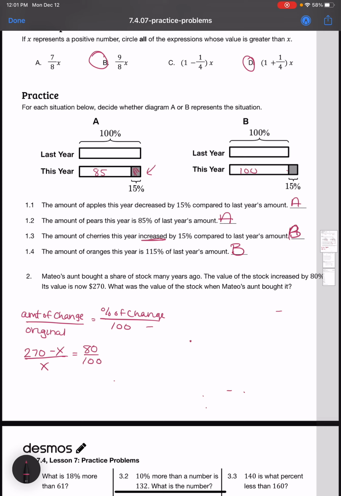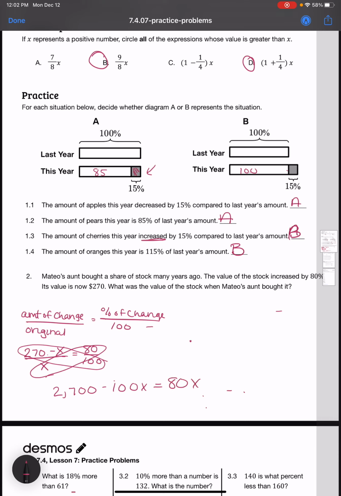Now the first thing I can do to figure out this equation is I could change 80 hundredths to a decimal, or I could cross multiply. There's a lot of things I could do here. So let's say we cross multiply. I could do 100 times 270, which would give me 2,700 minus 100x, which is equal to 80x.